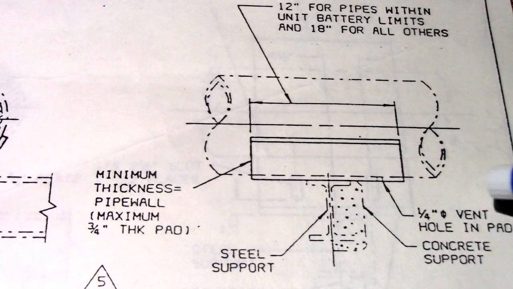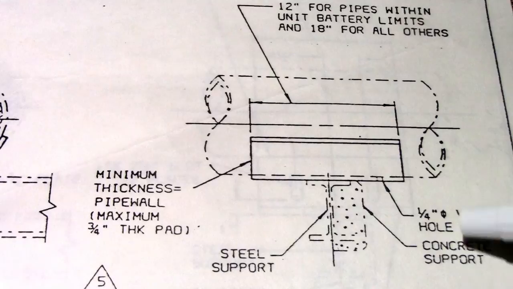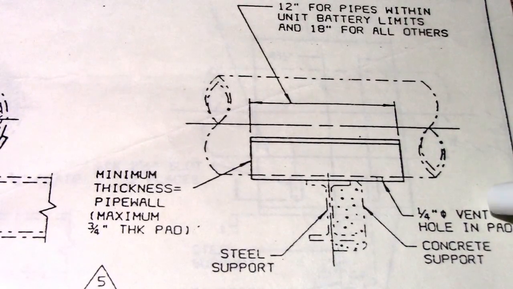This is my question to you, all my subscribers and all who watch this video. Just leave a comment: what is the purpose of this bent hole, the 1/4 diameter bent hole in pad? What is the purpose of that bent hole?